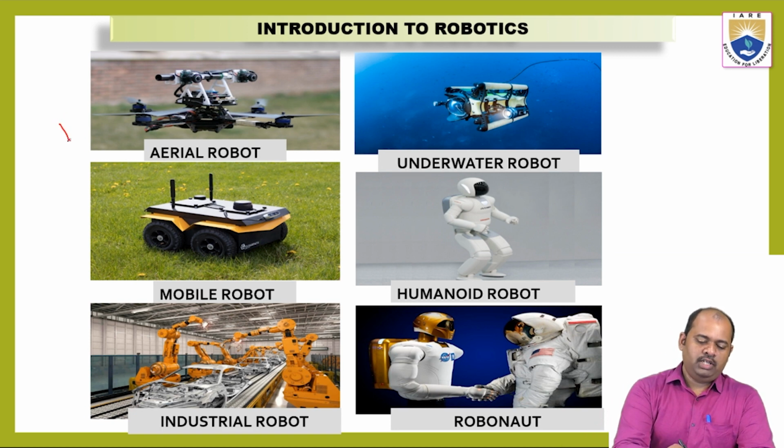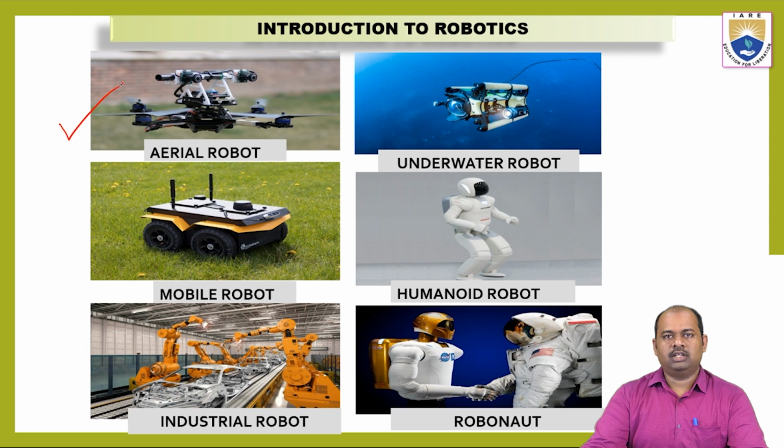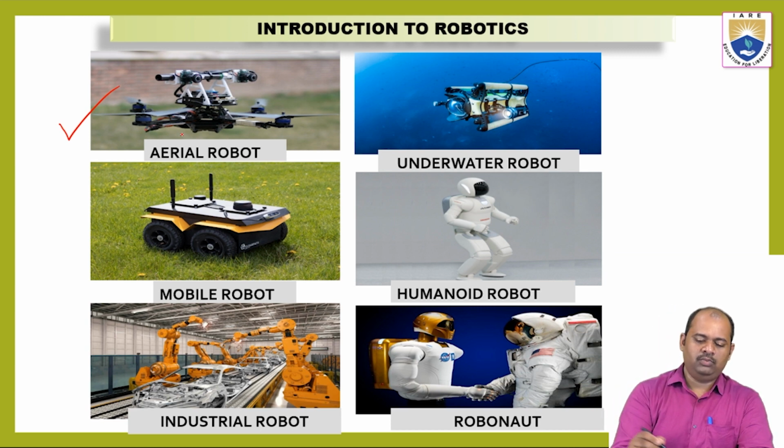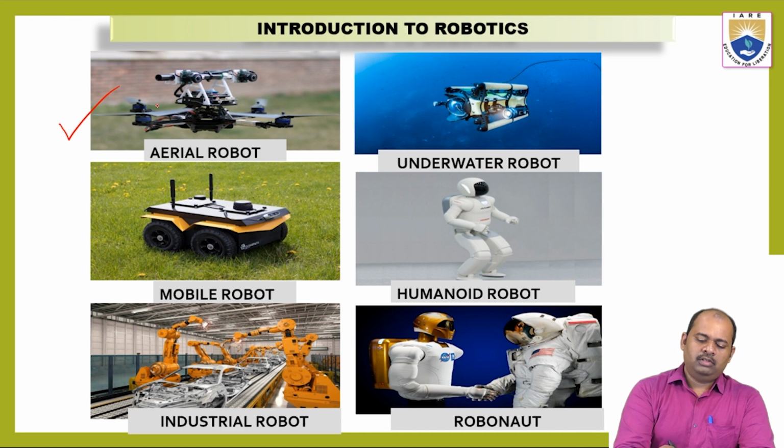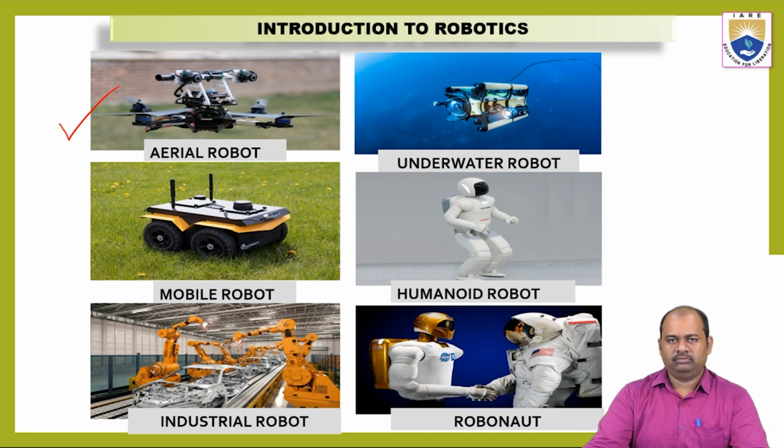If we want to go deep into what these kinds of robots will do, we can see aerial robot. Here, aerial robot is a robot which is very similar to a drone, which can fly and go from one place to another place. Drone and this aerial robot both are different.